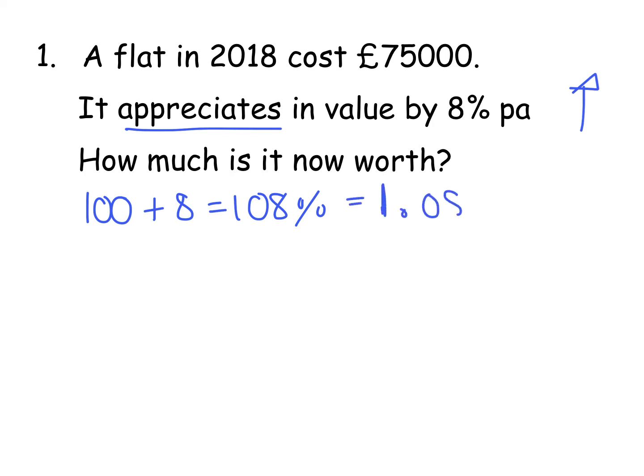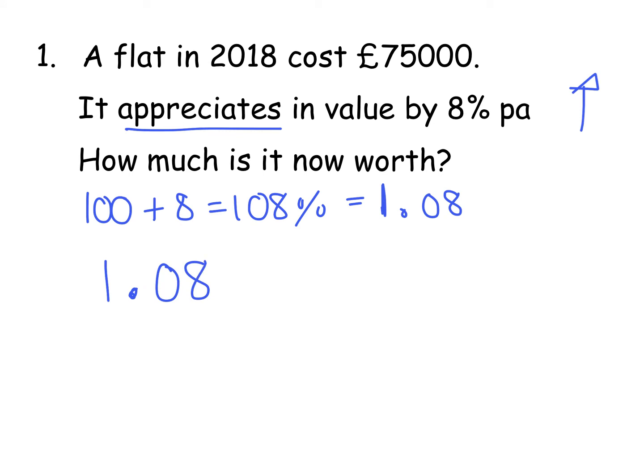In this bit, I never really get pupils to write down. This is me talking about what the process should be in their head to get the multiplier. And the more you do this, the quicker you get it. Say, up by 8%, 1.08. Up by 10%, 1.10, or just 1.1. So my multiplier going up by 8% is 1.08. Now, how many years is this for?